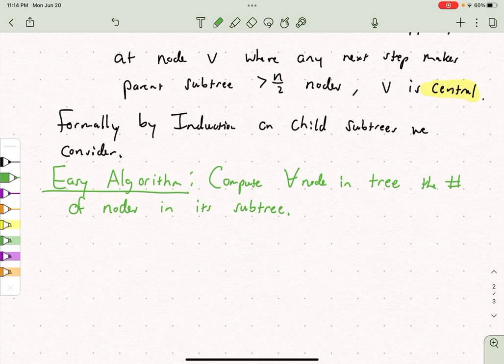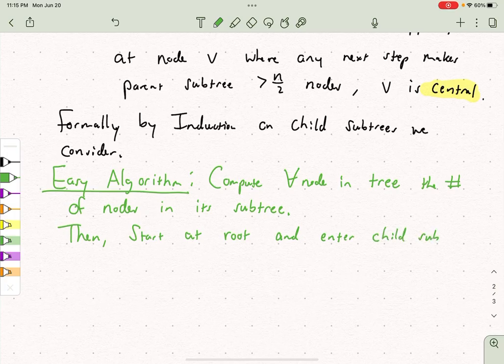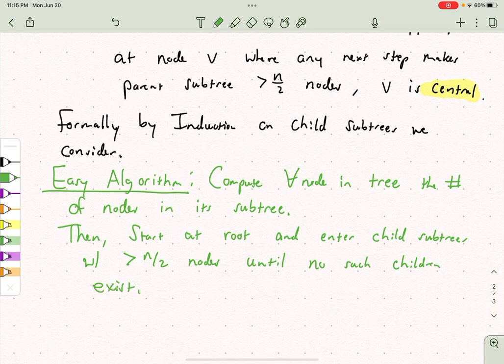And then once we've done that, all we have to do is start at the root, just like in the proof, and enter children with greater than n over 2 nodes, which there can only be one by definition, until no such children exist. In particular, our argument above implies this algorithm terminates.